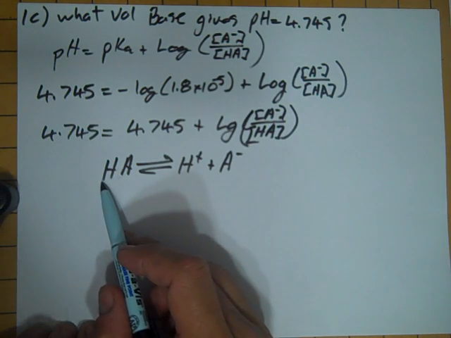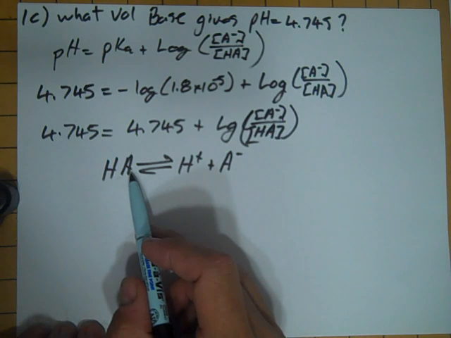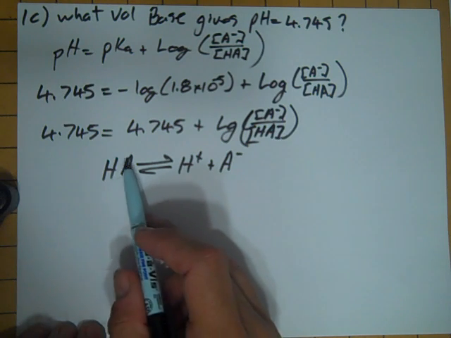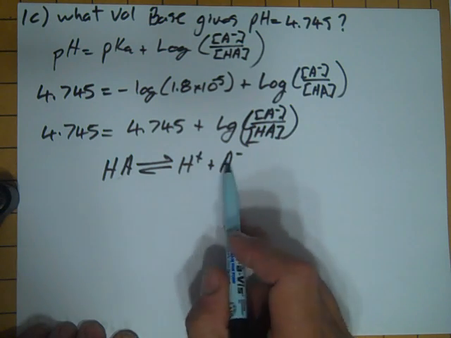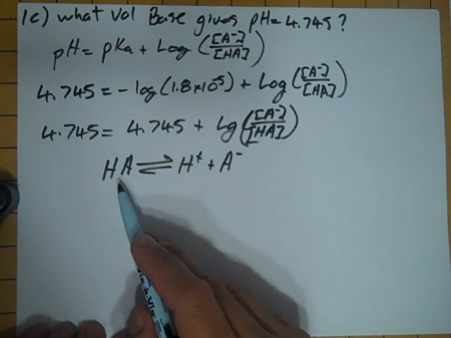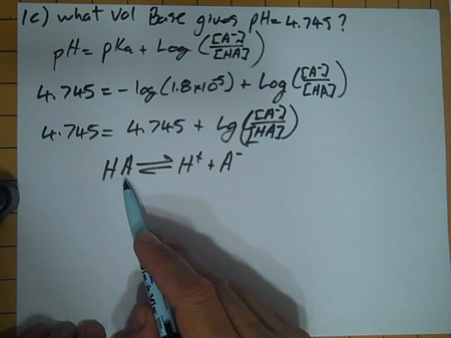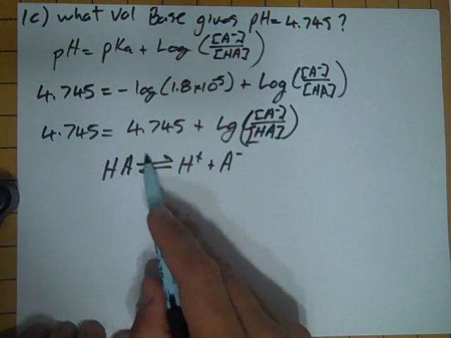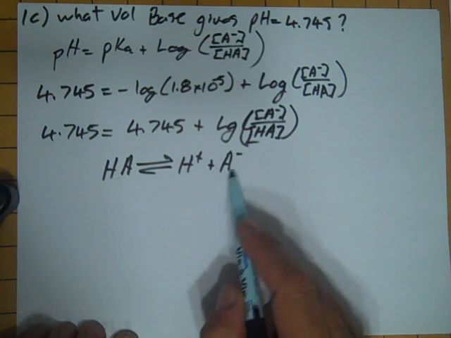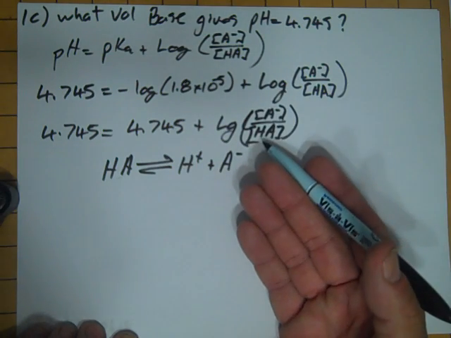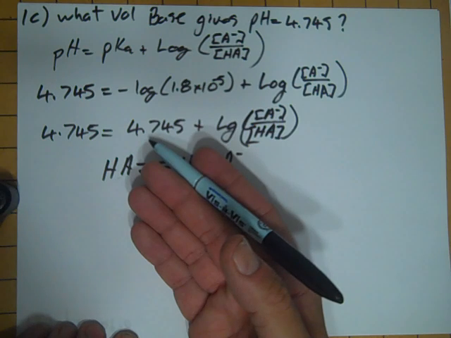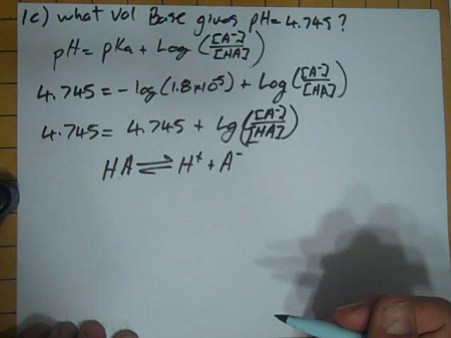But essentially, if I start with 10 of these, if I react away 5 of them, I make 5 of these. So I've got 5 of each. If I start with 100 and I react away 50 of them, I've got 50 left behind and I've made 50 of these. So the two numbers are the same. This term equals 1, pH equals pKa.